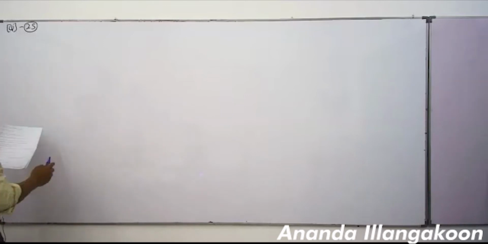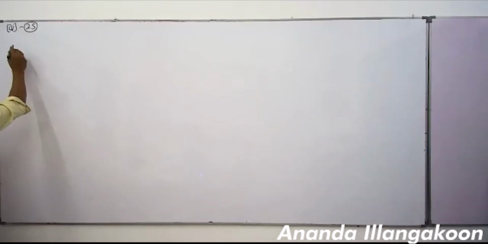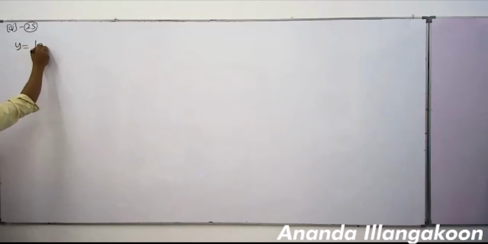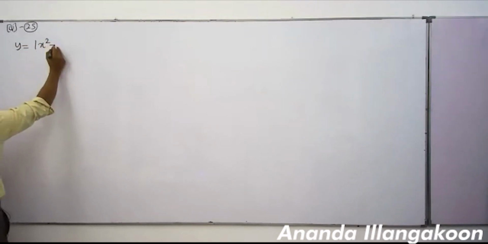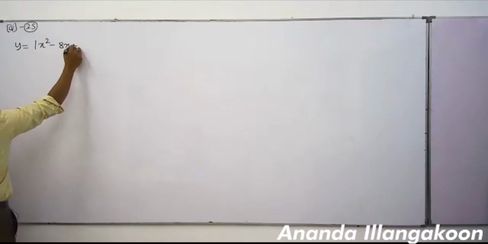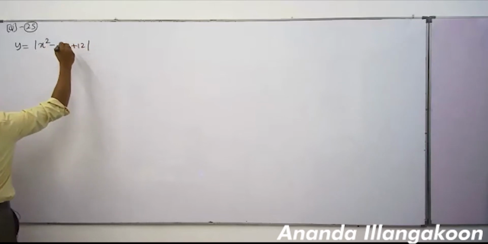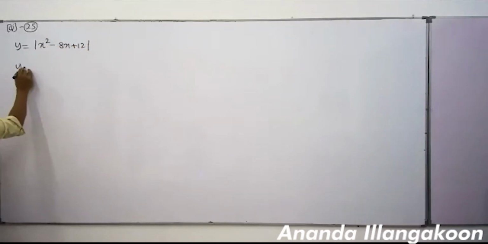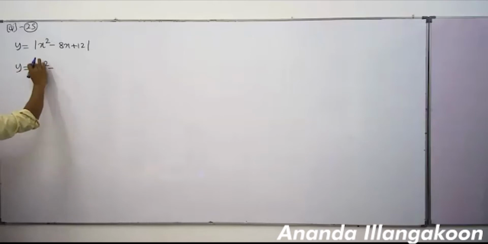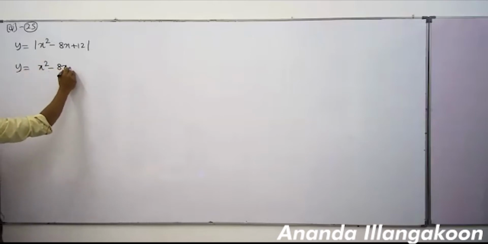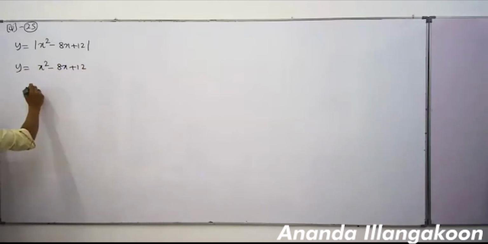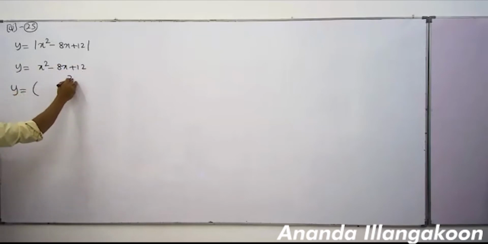Right, the question is y equals mod x squared minus 8x plus 12, right? Okay, first we'll draw this graph. Right, complete the square. Bracket perfect square.